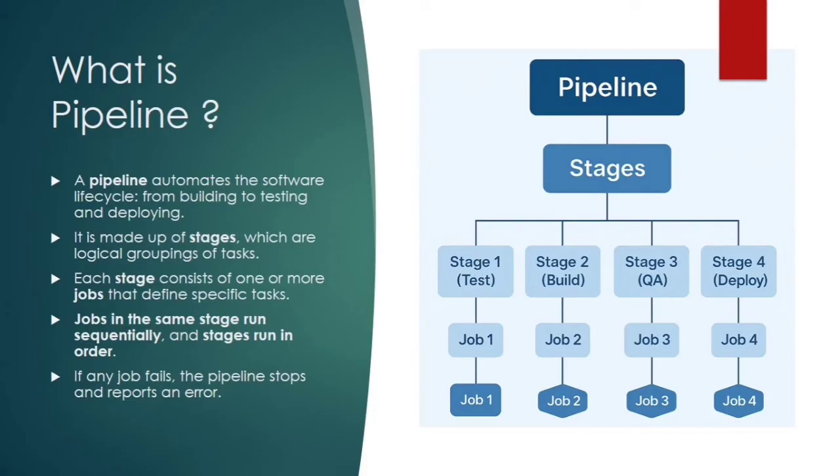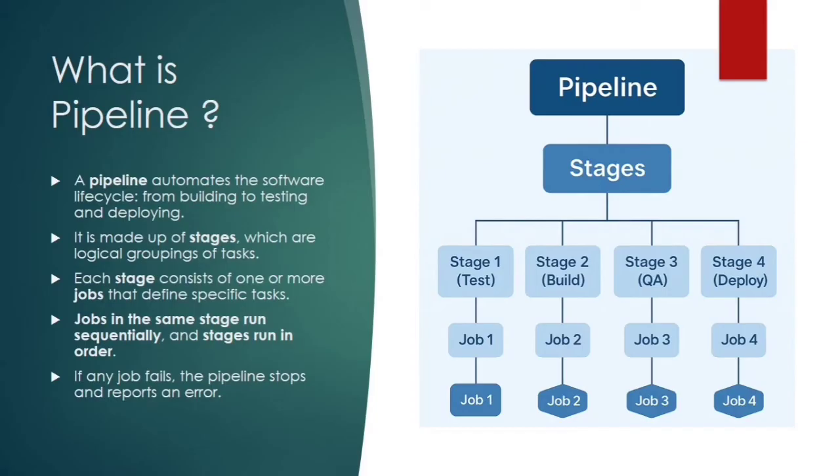So for example, you might have a test stage with a job that runs a unit test, a build stage which compiles your code, a QA stage that runs the quality checks, and the deployment stage which pushes the code to the production. So each stage runs only if the previous stage completes successfully.